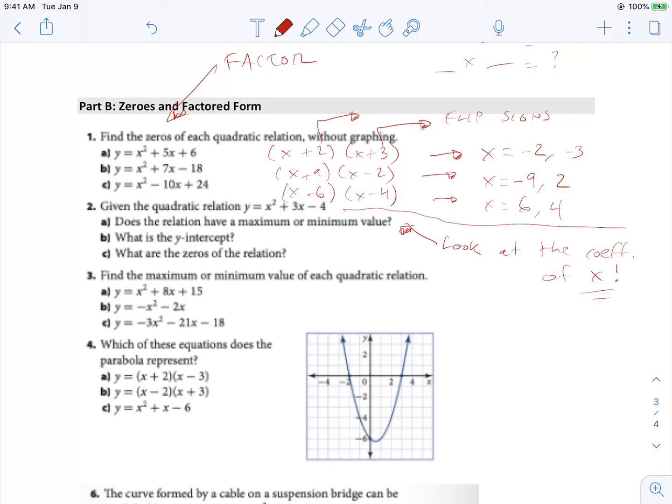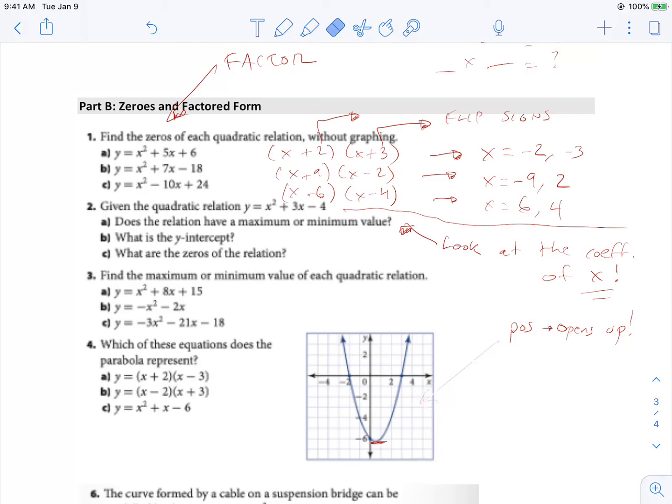Here, the coefficient is this imaginary number 1, and that means it's a positive number. If it's a positive number, write this down, it opens up. And if it opens up, just like it kind of does right there, do we have a maximum or a minimum? Well, we definitely have a low point, which means we would have a minimum.